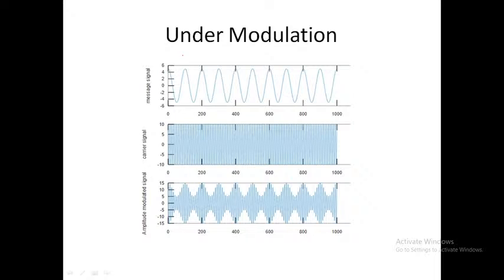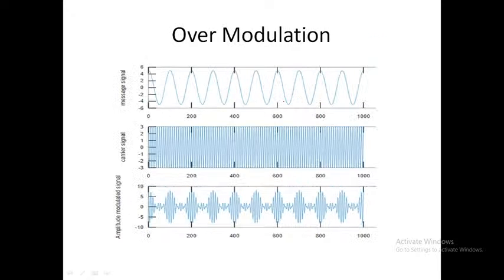If the mu value is less than 1, then it becomes under modulation, and if the mu value is more than 1, that becomes over modulation. So we prefer under modulation and critical modulation, and we generally avoid over modulation in practical scenarios.